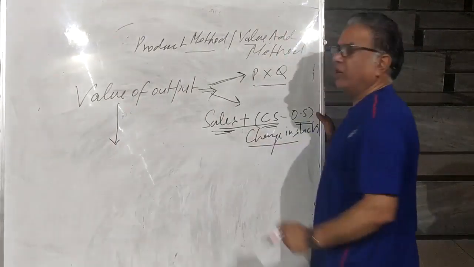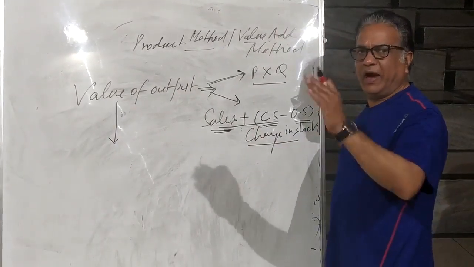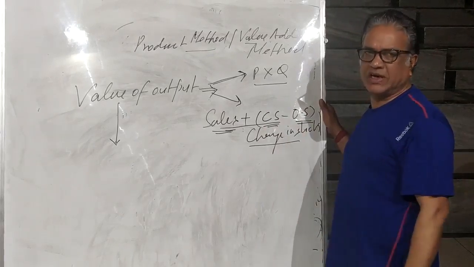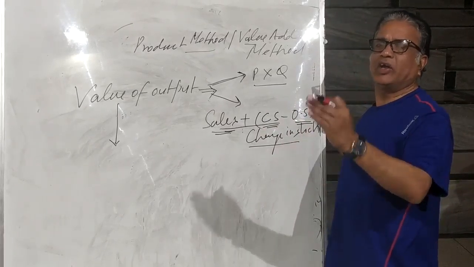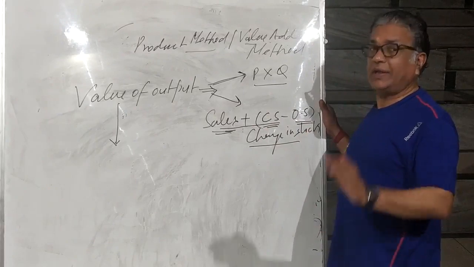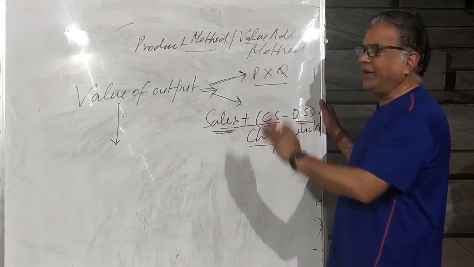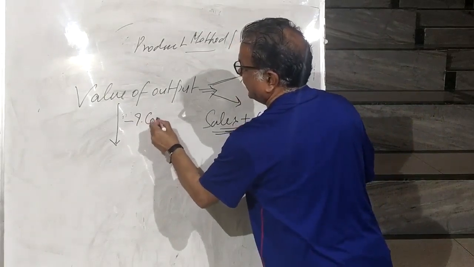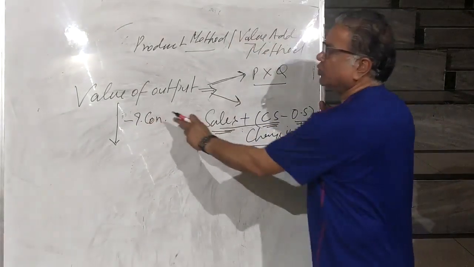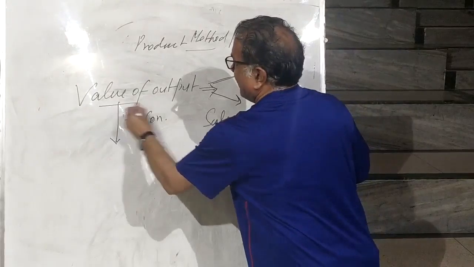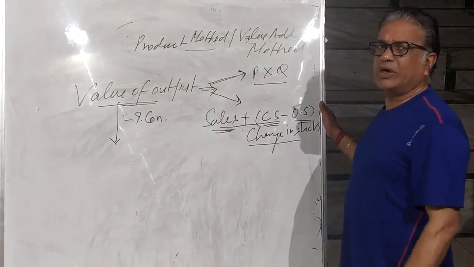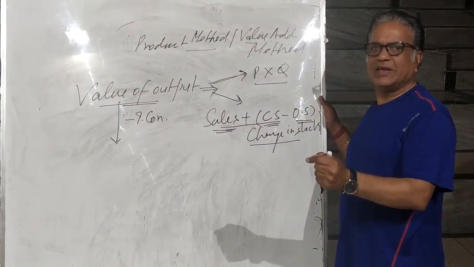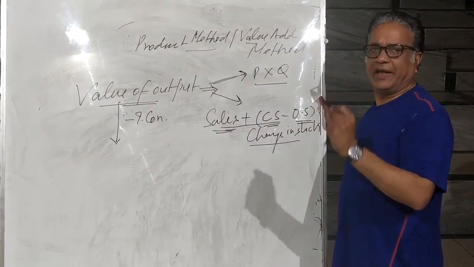What I said earlier, value of output means value of only final goods or all types of goods? It is all types of goods and services. And in national product and domestic product, we include the value of only final goods. So from here, we will subtract the value of intermediate goods, that is, minus intermediate consumption. You might still remember that in value of output, the components are IC, COE, OS, MI, depreciation, net indirect tax.